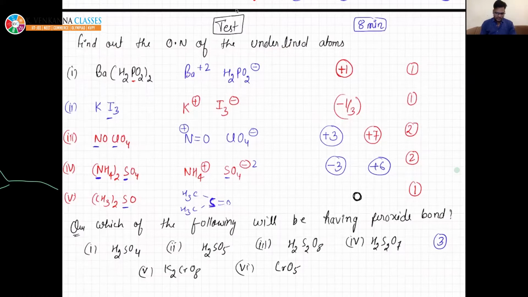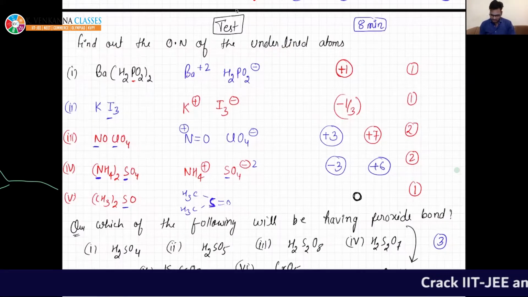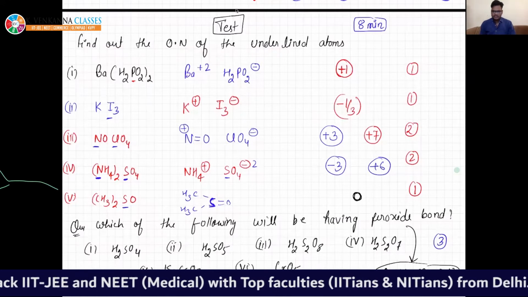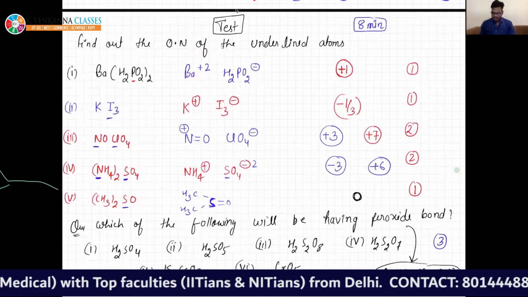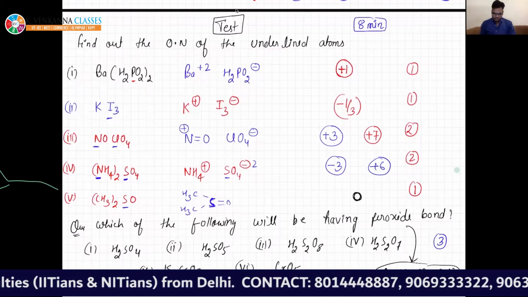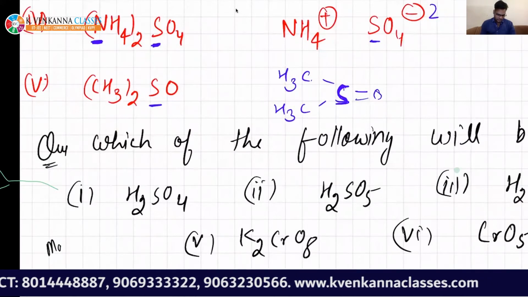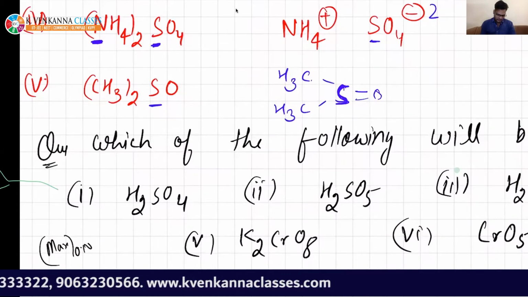And in case of the second, you need to just find out in which case the oxidation number is coming greater than the maximum oxidation number. I have given you one trick: if the calculated oxidation number is greater than the maximum possible oxidation number. The maximum oxidation number for sulfur is +6.